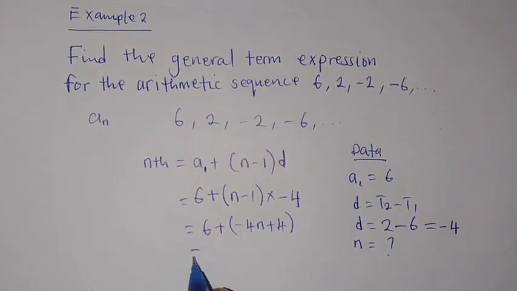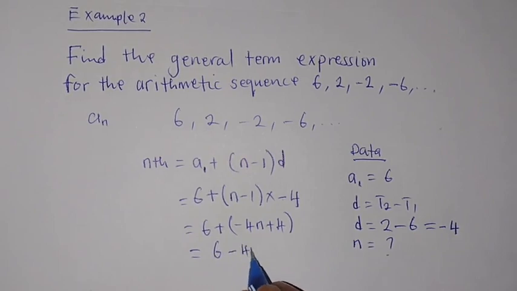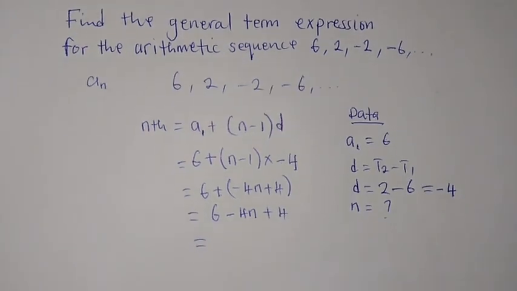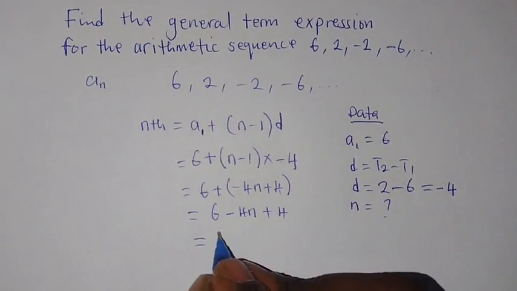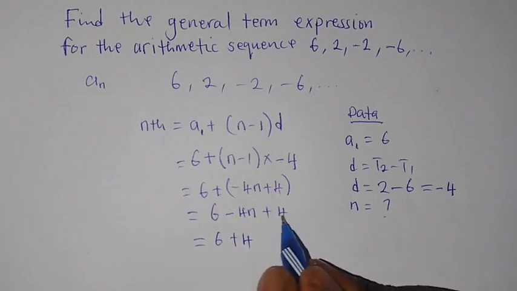Then from here, we have 6 plus. We open these brackets now. Positive times negative gives negative 4n. Positive times positive is positive 4. So from here, let's just collect the like terms. We are going to have 6 plus 4. The like term of 6 is the positive 4.